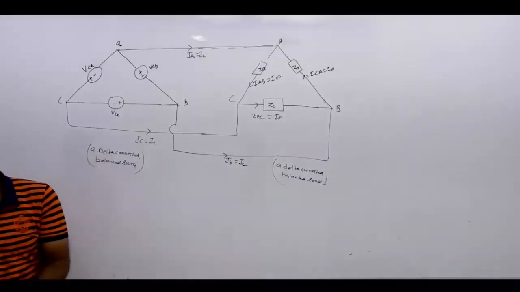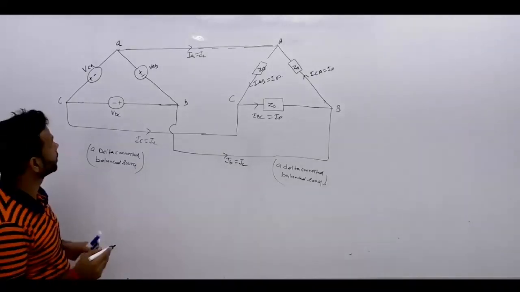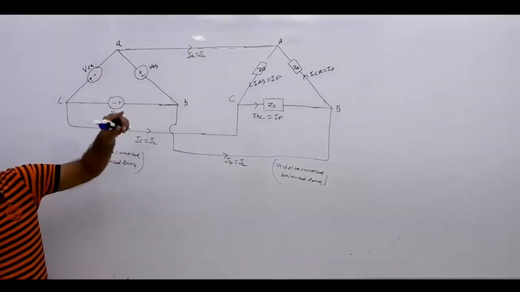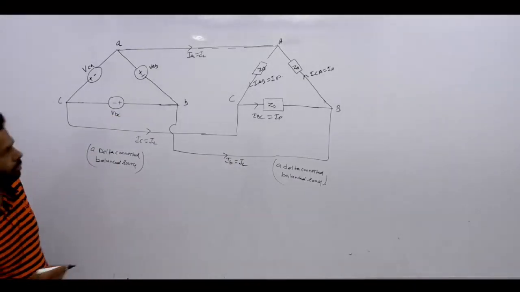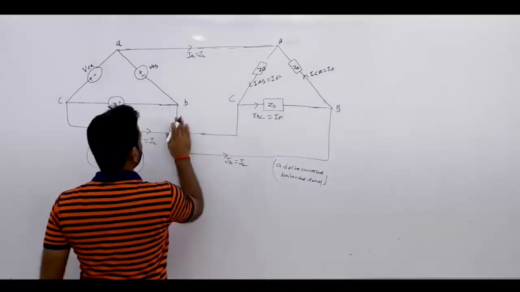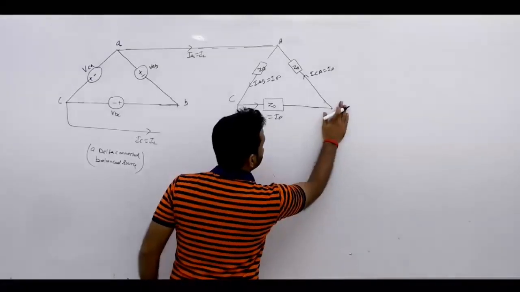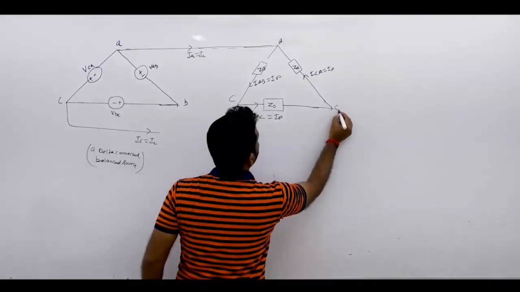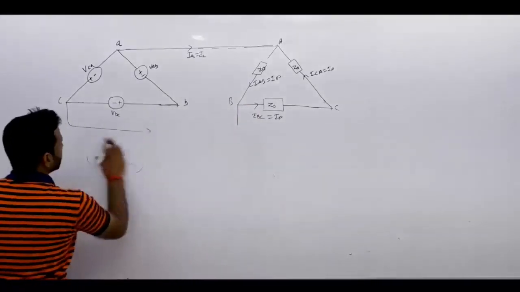Let's take, I think just one thing is missing, a dash, it is VB. Sorry, this diagram is something wrong because it is C and it is B, because we have to take the correct diagram.